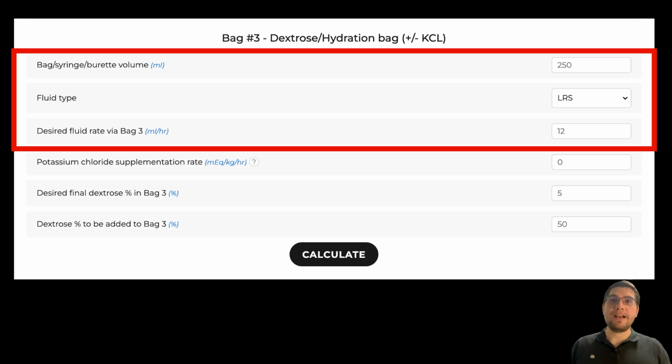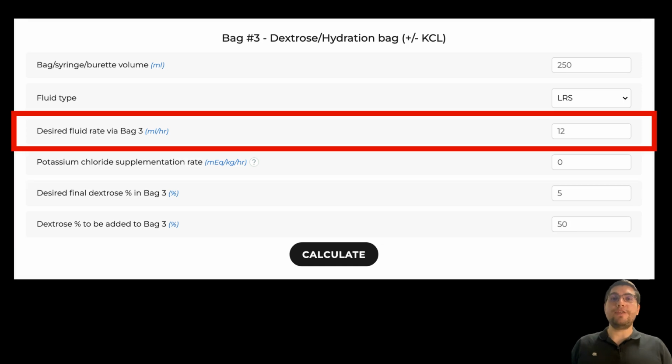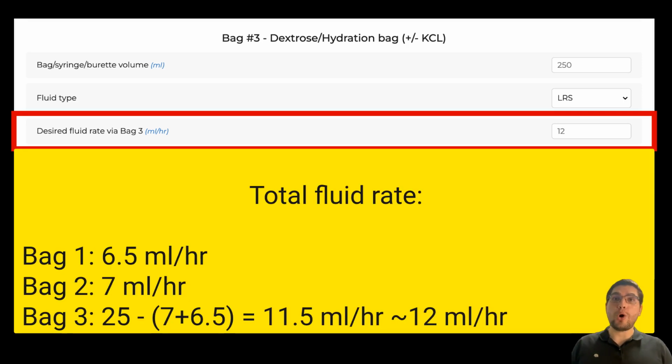Now, for bag 3, I'll use lactated Ringer's solution in a 250 ml bag running at 12 ml per hour with a final dextrose concentration of 5%. To achieve this, I'll add 50% dextrose as my supplementation source. The fluid rate of 12 ml per hour by bag 3 was selected to ensure that the total fluid rate across all bags remains approximately 25 ml per hour as initially determined.